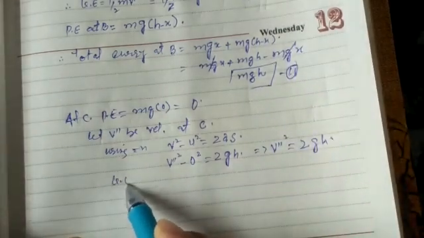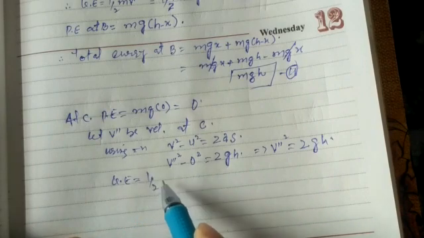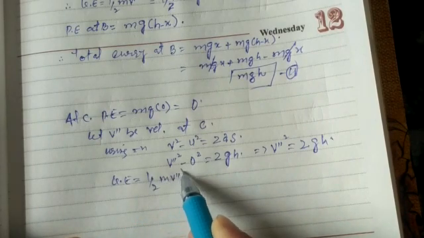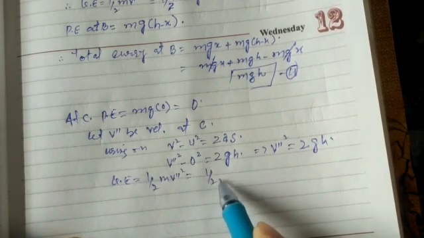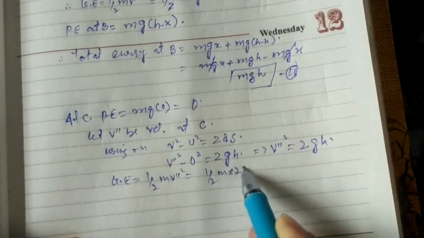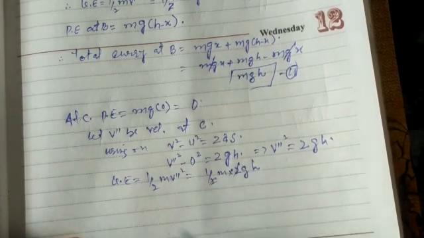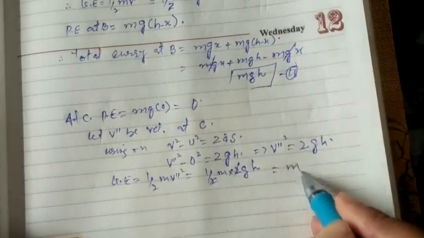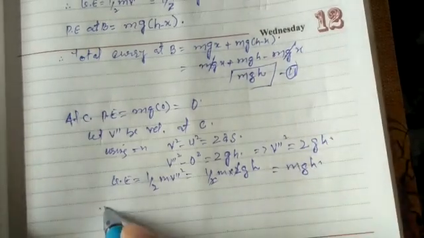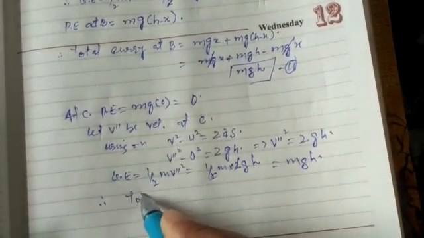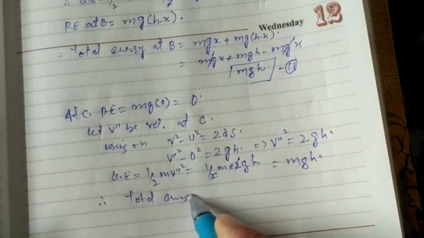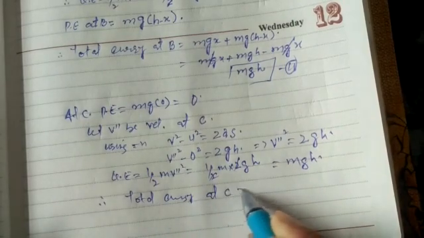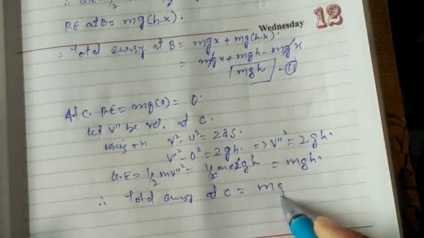So kinetic energy is equal to 1/2 m into v double dash squared, equal to 1/2 m into 2gh. The 2 and 2 cancel, it comes out to be mgh. Therefore total energy at C equals mgh.